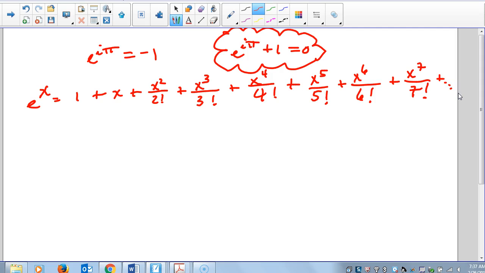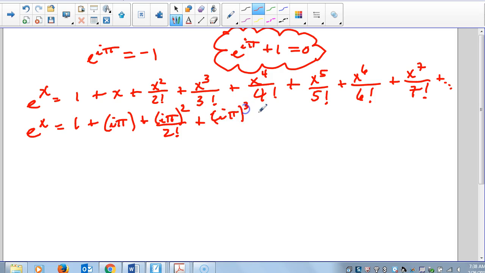Okay. So I'm substituting in i pi. Kind of like I spy, only it's i pi. 1 plus i pi plus, so don't be alarmed if you have an i in there. That is the imaginary unit. So when I square it, it's going to be -1. See all that algebra 2 stuff that you did? It was not for naught. i pi cubed, which of course you know because you're smarty pants, that's just going to result in an i cubed, which is just -i.